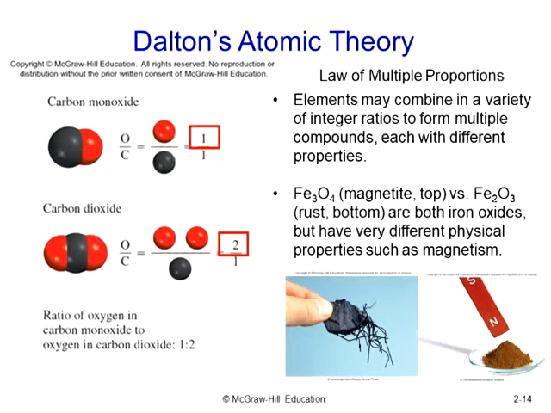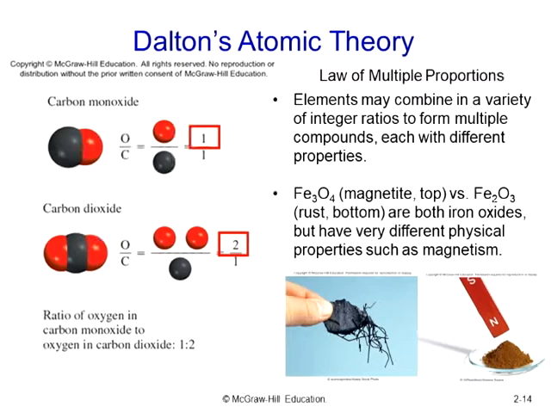So what does that mean in a practical sense? What does the Dalton atomic theory really mean, and where does it get us? It helps us understand why and how atoms combine with atoms to form compounds, how elements combine with elements, how matter combines with matter to form new forms of matter. It doesn't create them, but it transforms one form of matter into another. Here is an example of carbon and oxygen combining.